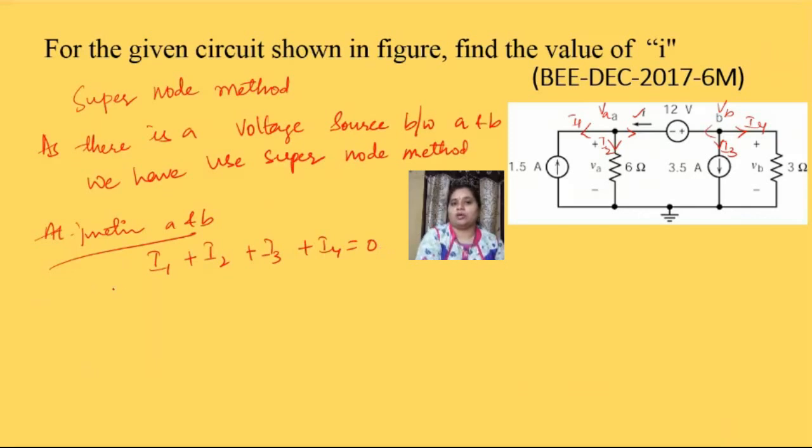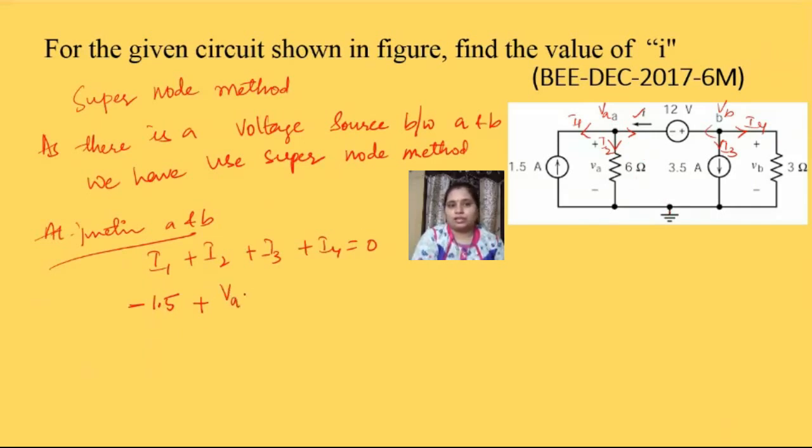Now what is I1? Here it is a current source, and the direction we are assuming and the direction of the given current source are opposite. So we take it as minus 1.5. Plus, what is I2? I2 is VA minus 0 divided by 6.